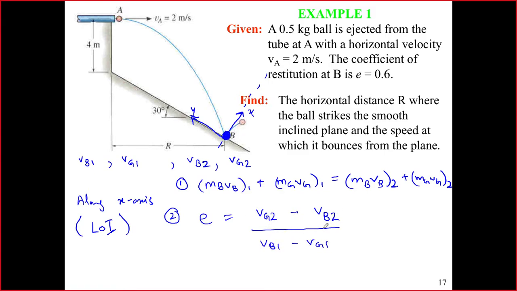Please be careful about the order right here. The numerator is the relative velocity of separation, whereas the denominator is the relative velocity of approach. So this has to be written very carefully.